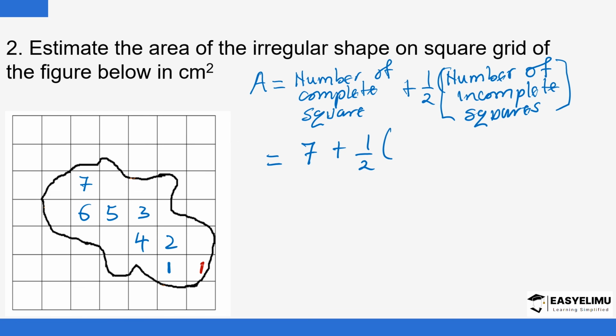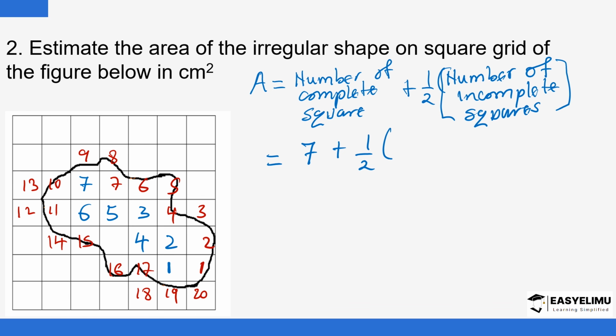So I have 1, 2, 3, 4, 5, 6, 7, 8, 9, 10, 11, 12, 13, 14, 15, 16, 17, 18, 19, 20.